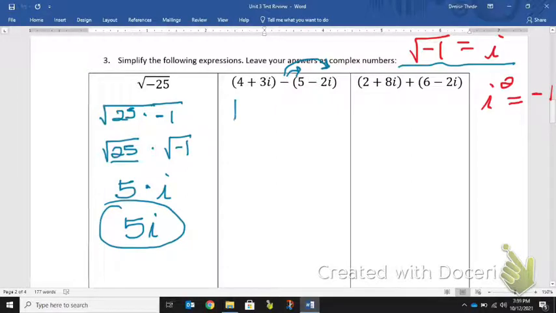So the first term would stay the same, 4 plus 3i. And then we're going to distribute the negative with each of these terms on the inside. So negative of a 5 is minus 5. And then taking the negative of a minus 2i is going to be adding 2i.